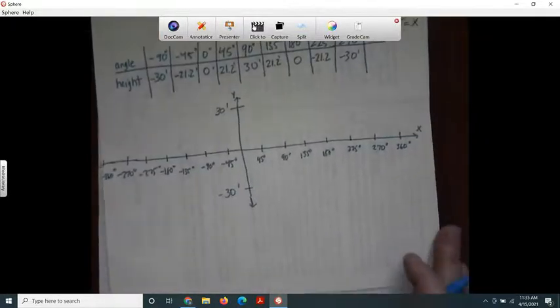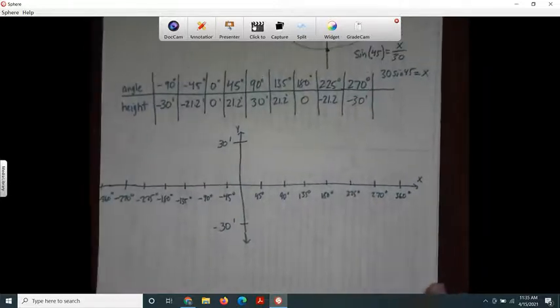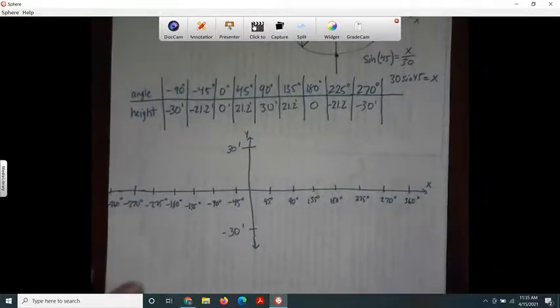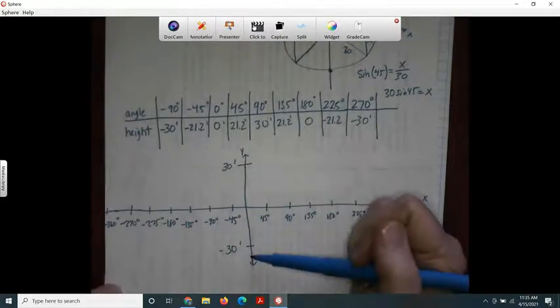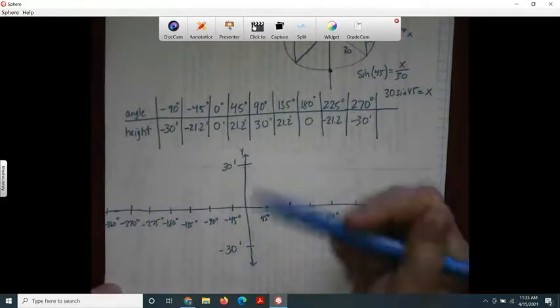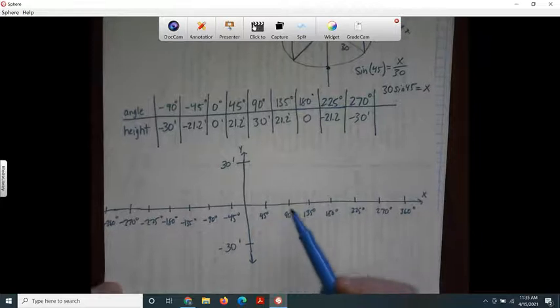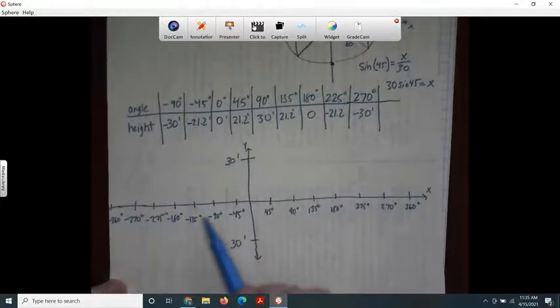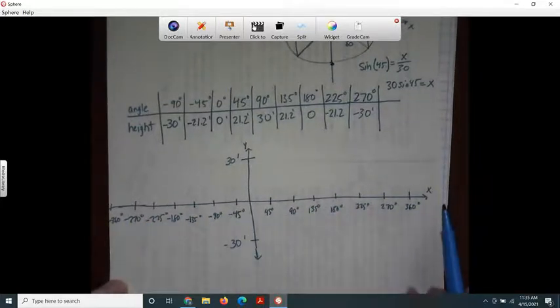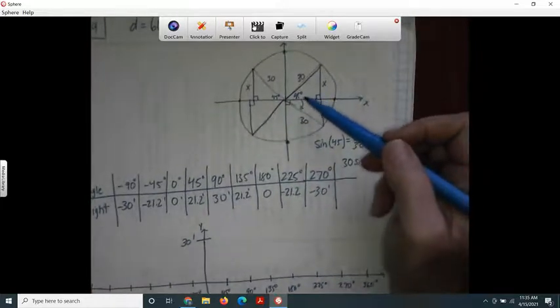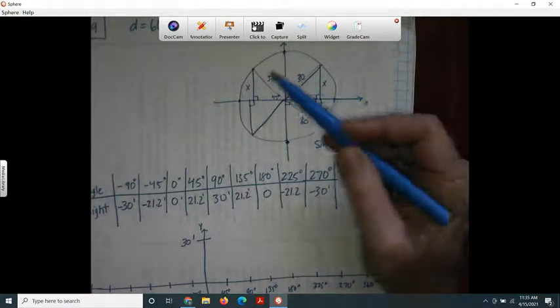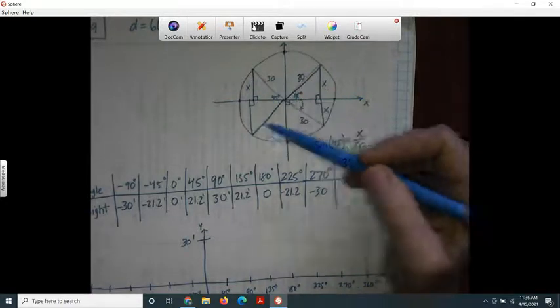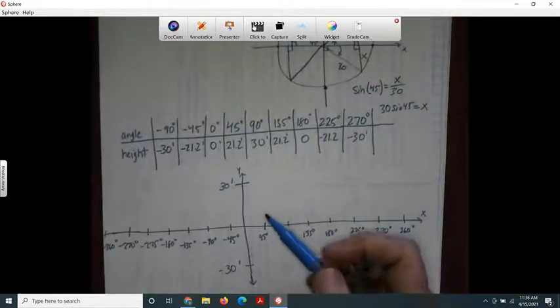So I know that the highest and the lowest I'll ever go is 30 and negative 30. So I just put those on the y-axis, and then I put the angle measures that I have points for on the x-axis. And I spaced them evenly because this is chunked into even increments here. Okay, so at 0, I got 0, 0.